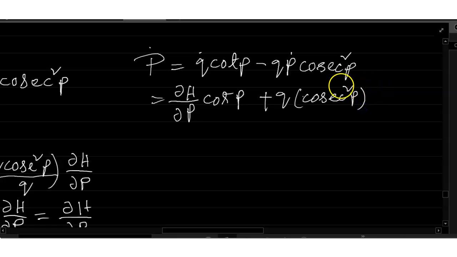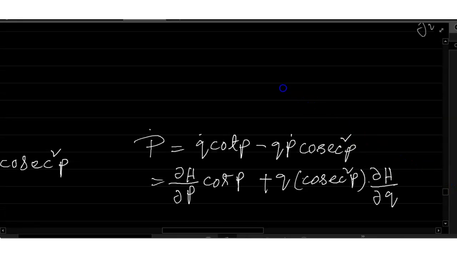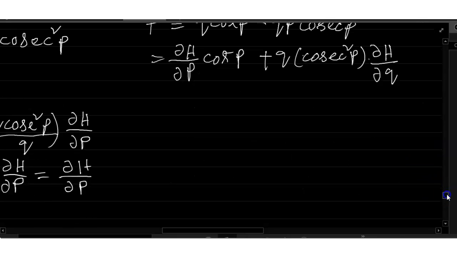And Q P dot is equal to del H by del Q. By the canonical form we know that P dot is equal to del H by del Q and Q dot is equal to del H by del P small p.